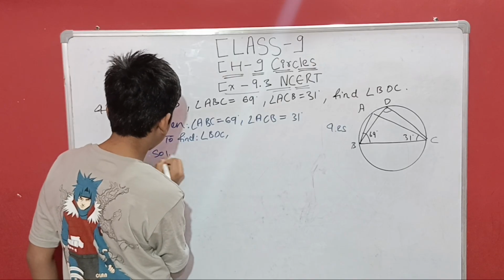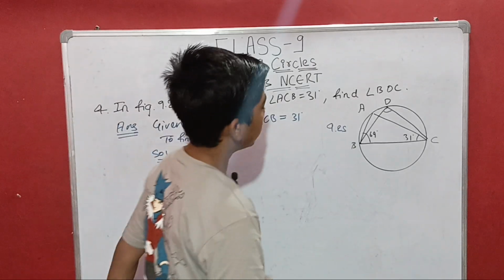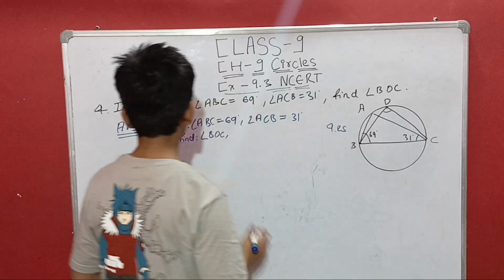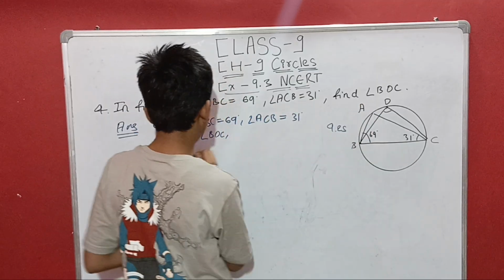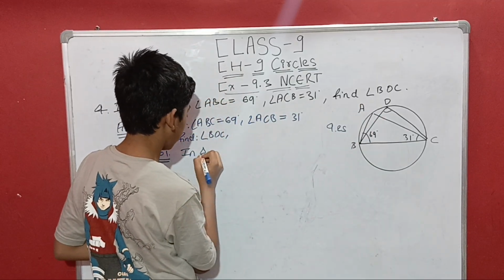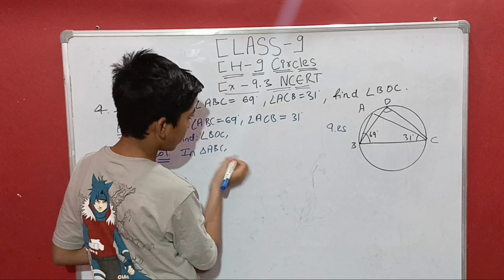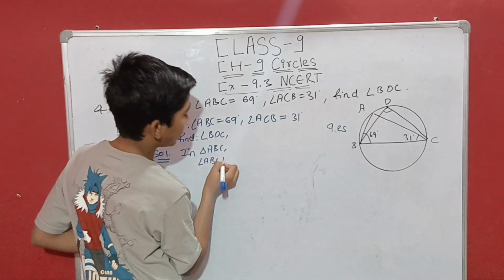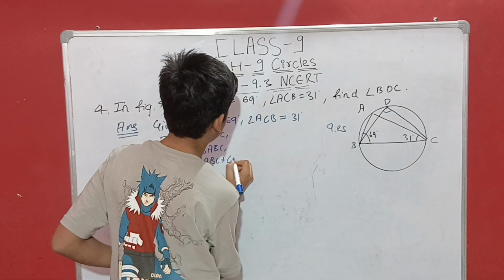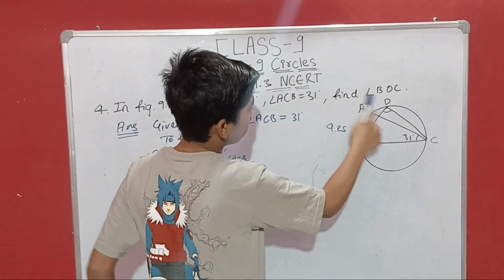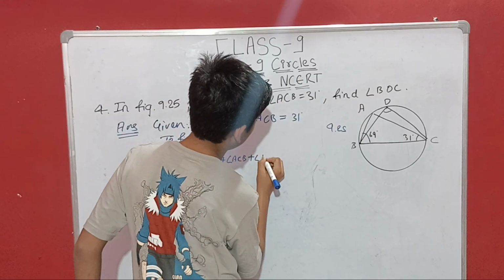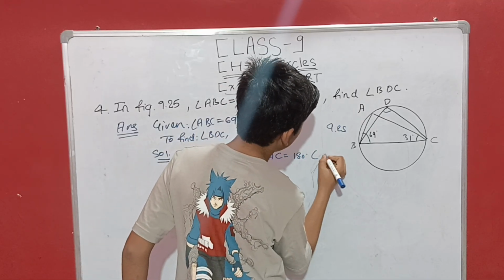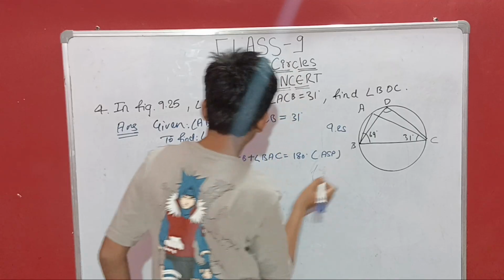So we know that in this triangle ABC, angle ABC plus angle ACB plus angle BAC is equal to 180 degrees. Why? Angle sum property.